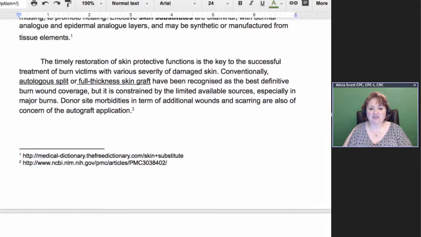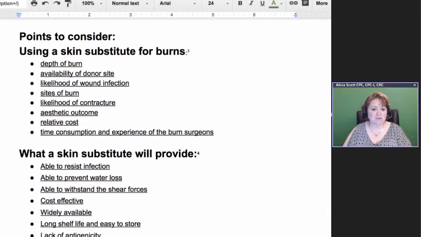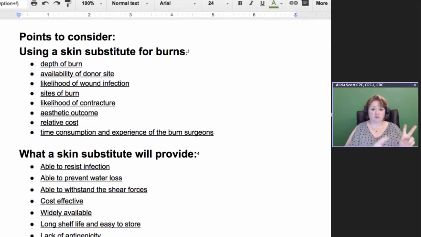And again, there's other types of wounds that might need skin substitutes. But the things that you need to consider for first saying burns, and this is all stuff that's going to be in the documentation that's going to tell you that you're going to be coding and using skin substitutes, is this: they need to know the depth. They need to know the availability of a donor site.